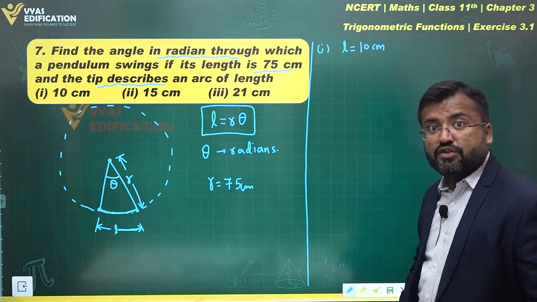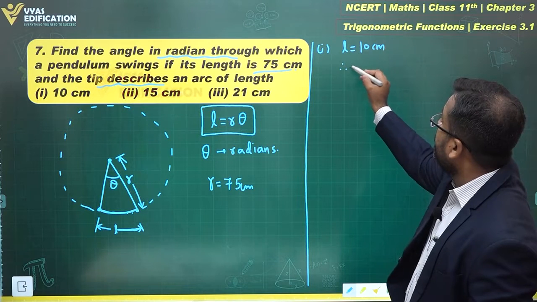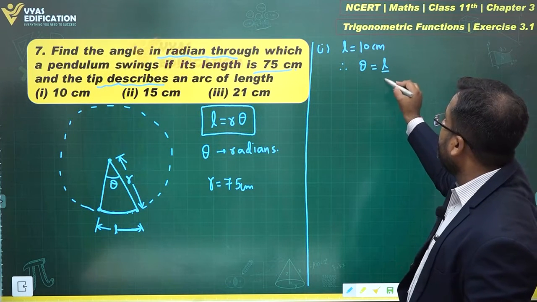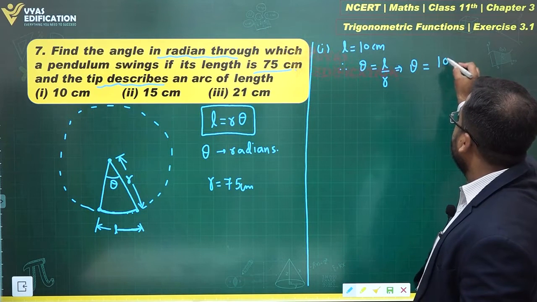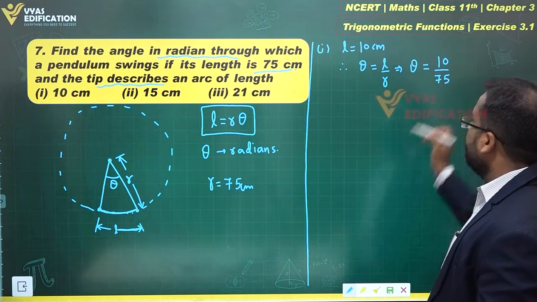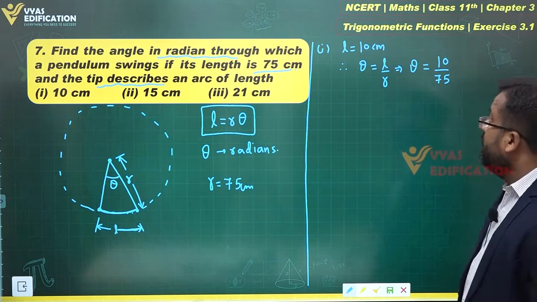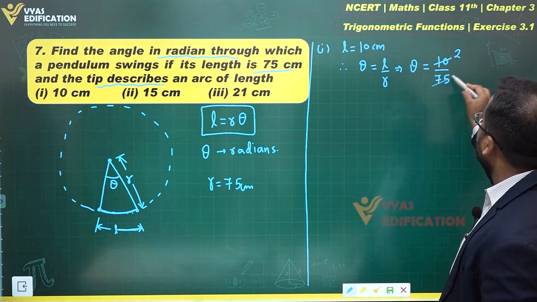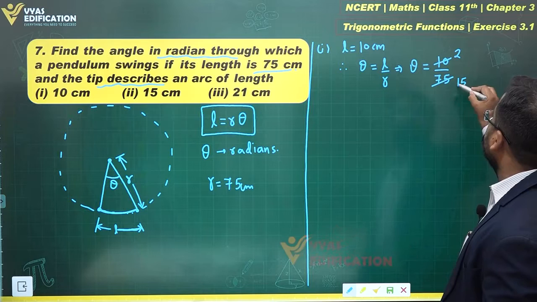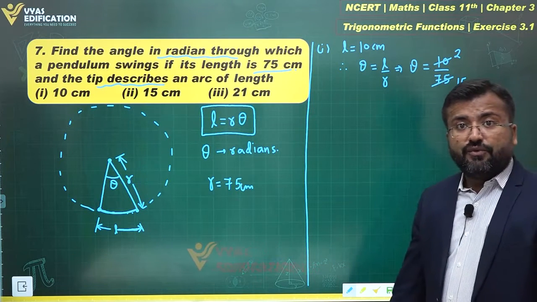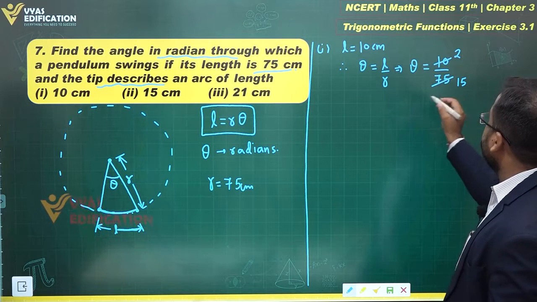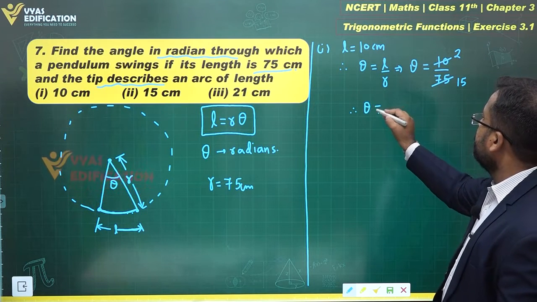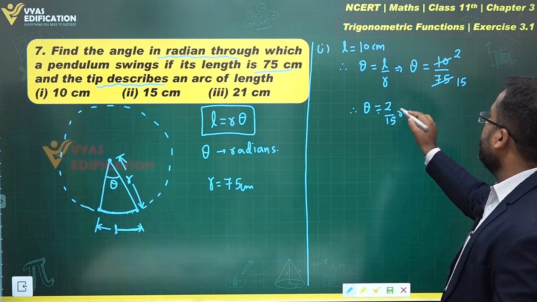Therefore, theta would be equal to L upon R, which is 10 upon 75. 5 times 2, 5 times 15. This is 2 upon 15. Therefore, theta is equal to 2 by 15 radian.